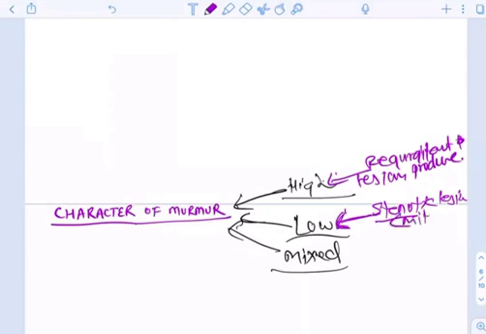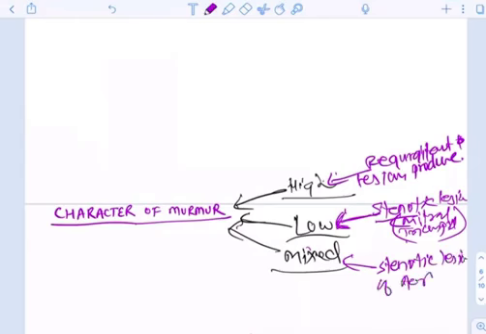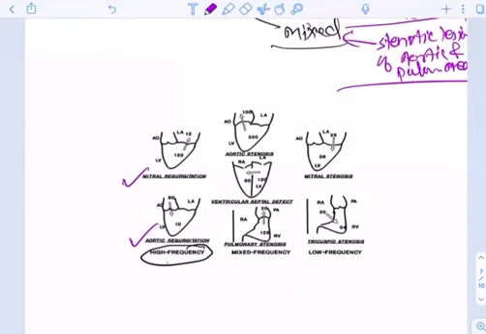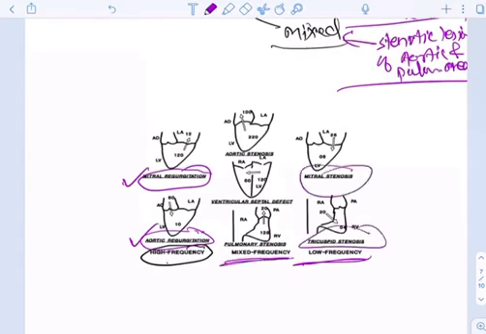The stenotic murmur being low pitch holds true for mitral and tricuspid area. The pitch will be mixed in cases of stenotic lesions of aortic and pulmonary area. So this is the difference: high frequency, high pitch in MR and AR, low pitch in MS and TS, and mixed frequency in AS and PS.